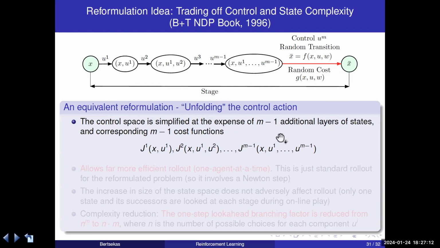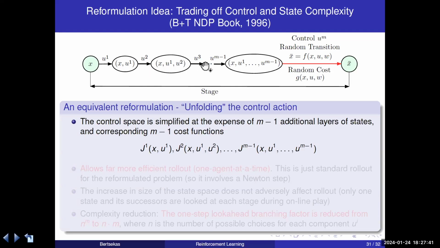Now, U consists of the M components, and we're going to break down its choice to one at a time. So we're going to introduce additional states, like state augmentation. From X, by choosing U1, we're going to go to state (X, U1) at no cost. Then we're going to choose U2 and go to this state here, again at no cost.